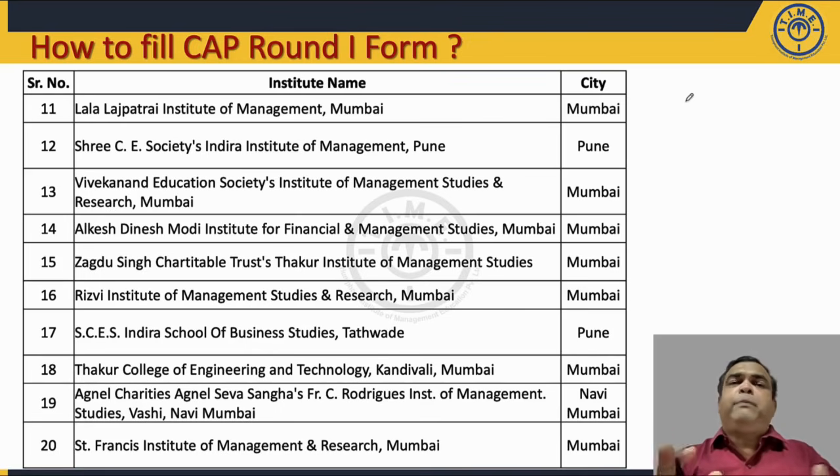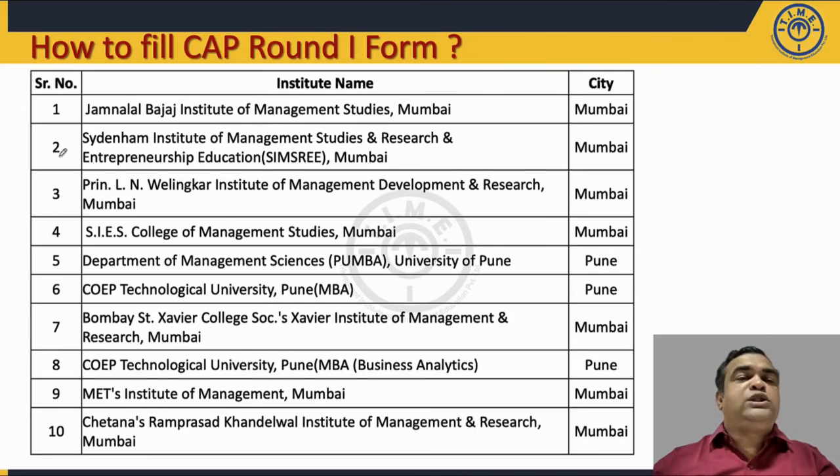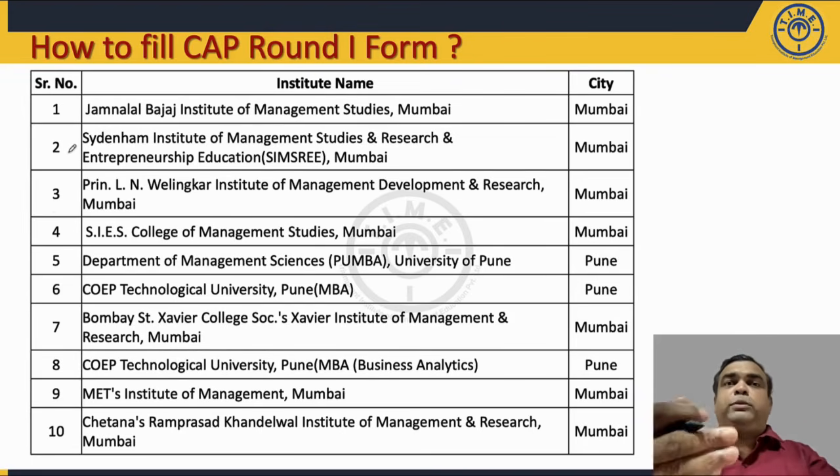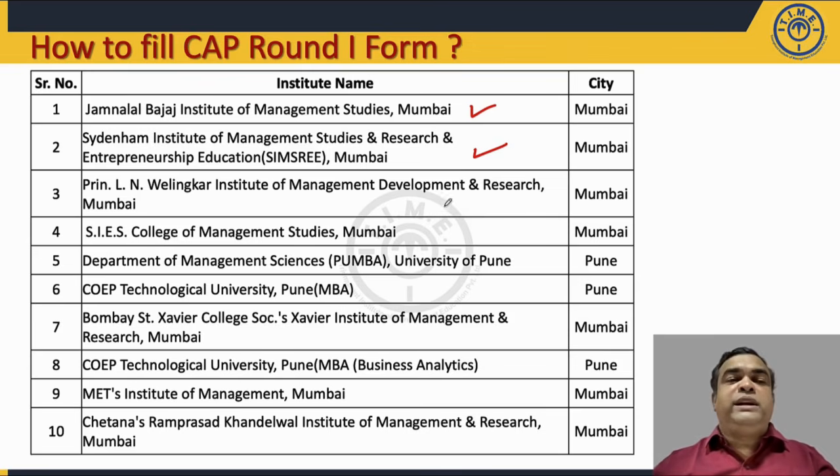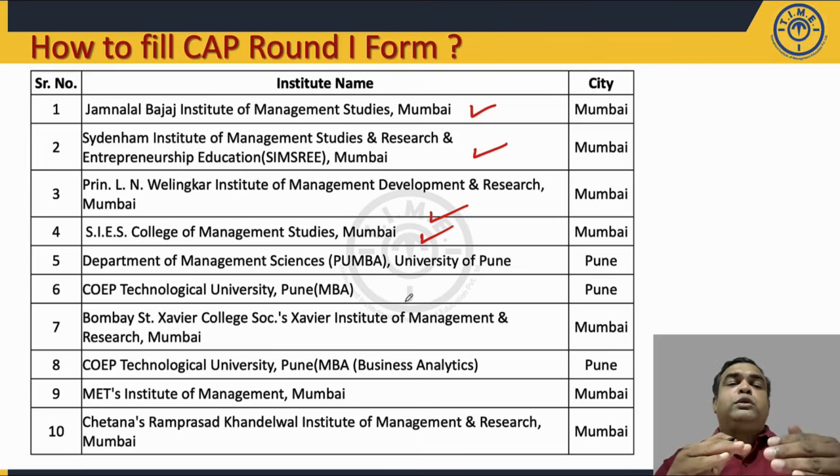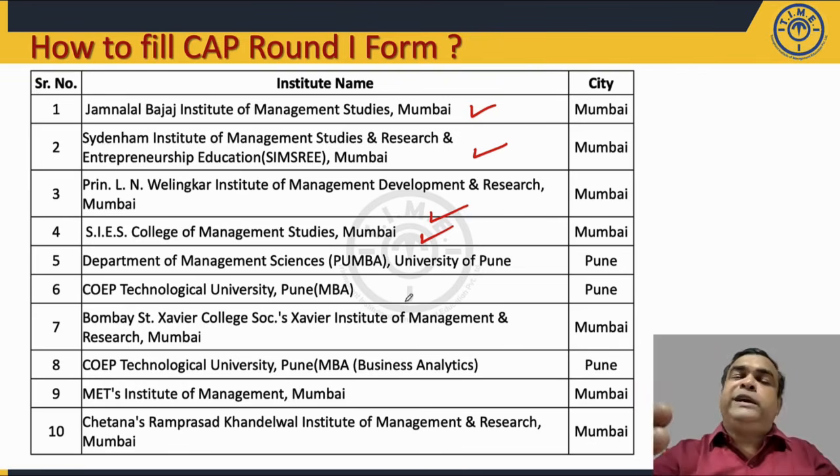Though we have prepared a ranking of around 40 colleges, you can remove some colleges, you can insert some colleges in that. What you need to do, important part, don't change these top 10 colleges. Within the top 10 colleges, you can change the ranking. But number 1 will definitely be Bajaj, number 2 will be Sydenham, number 3 will be Wellingkar, number 4 SIES. A Pune student might want to put Pumba above SIES, you can do that.